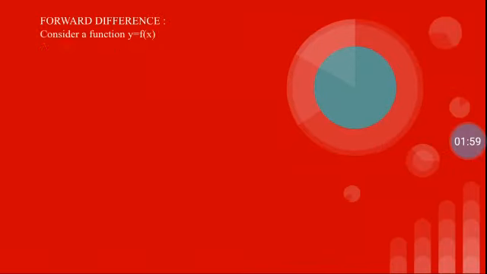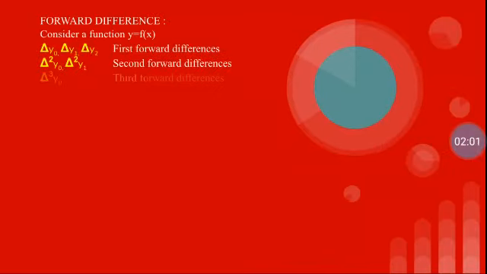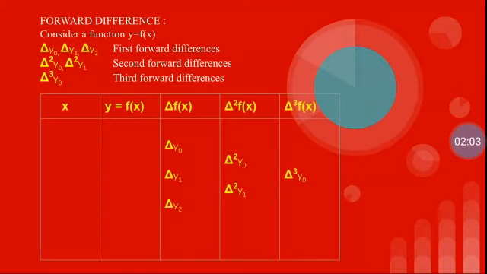For the forward difference table, let us consider a function y equals f of x. The operator is delta. Here the values of x are x0, x1, x2 and x3. The values of y are y0, y1, y2 and y3.